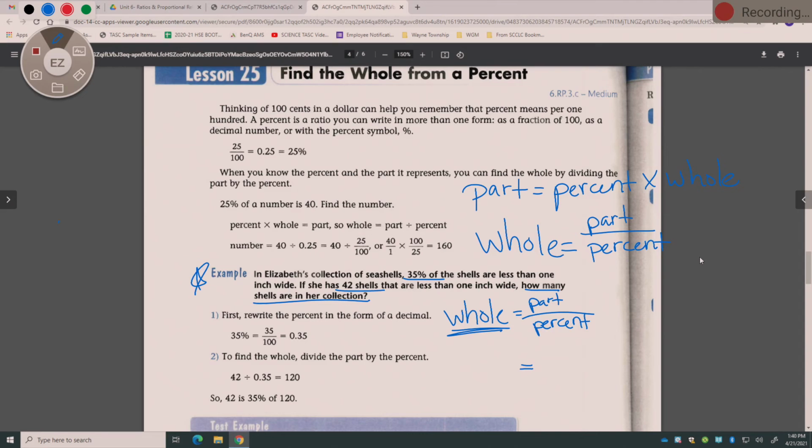So part would be 42 divided by our percent as a decimal. So we start at the percent sign and we go 2 spaces to the left. So it's 42 divided by 0.35, which is 120. So how many shells are in her collection? 120.